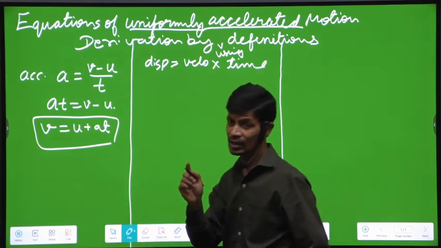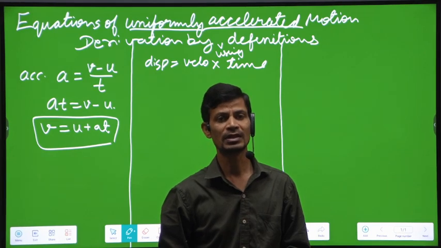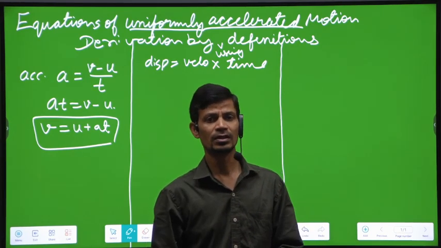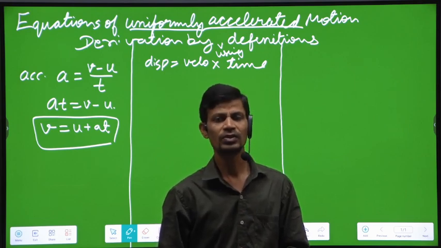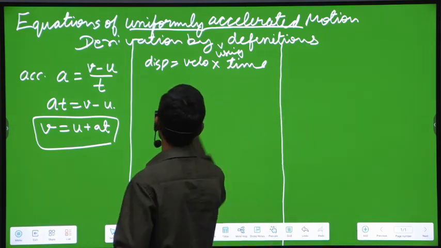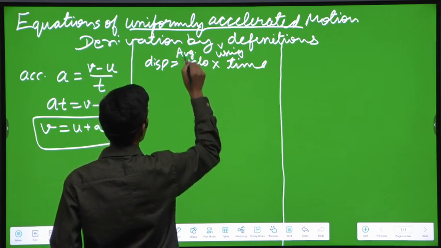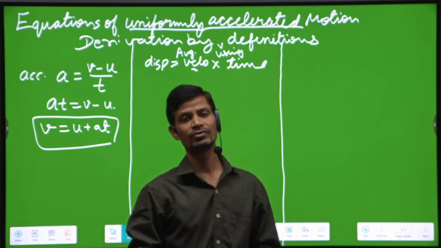Now remember one thing, because it is a case of uniform acceleration, velocity will not be constant. It will change from initial to final. It will vary. So in the place of velocity we will take average velocity. And how are we going to find average velocity?